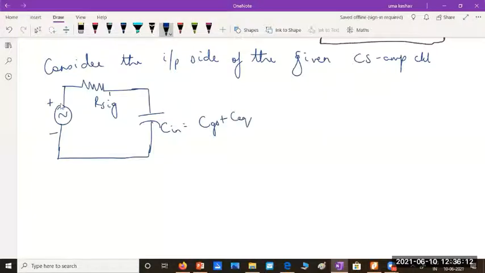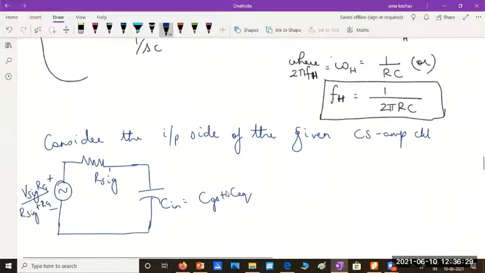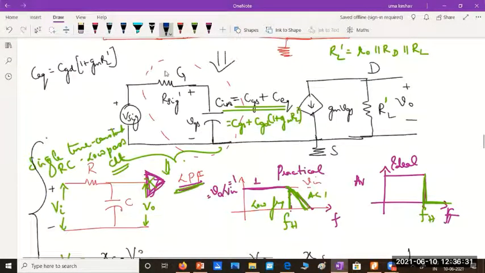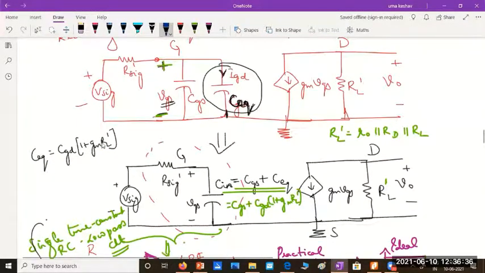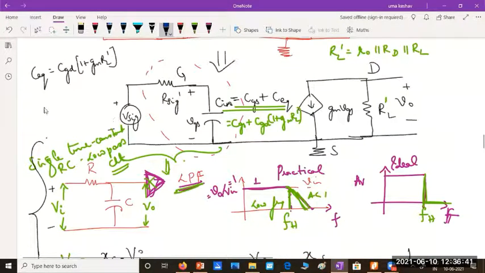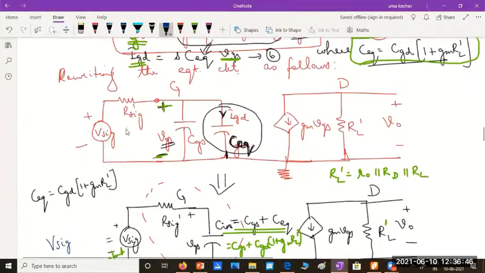And what would be the voltage here? The voltage here would be V_sig into R_G by (R_sig plus R_G). Yes or no? See, when I replace this part with R_sig dash, what would be the effective voltage here? The effective voltage V_C dash.